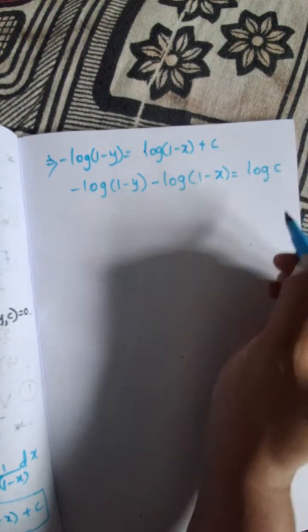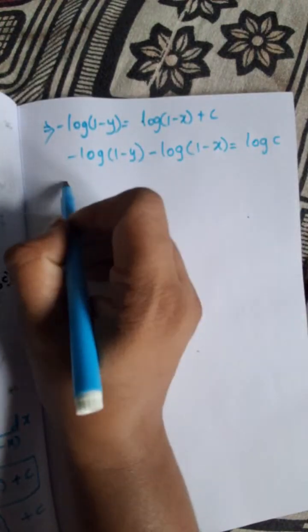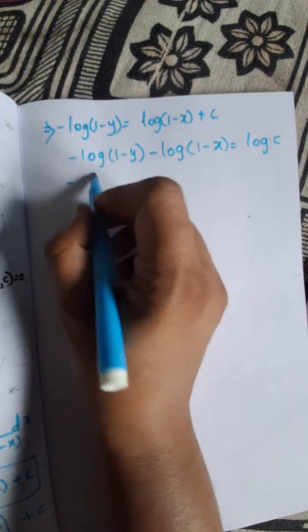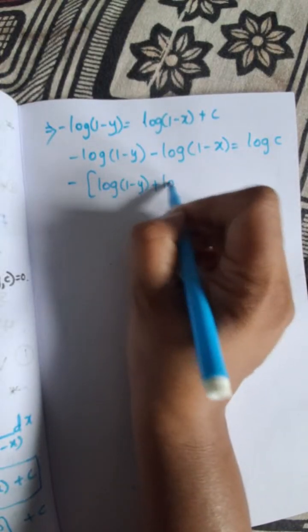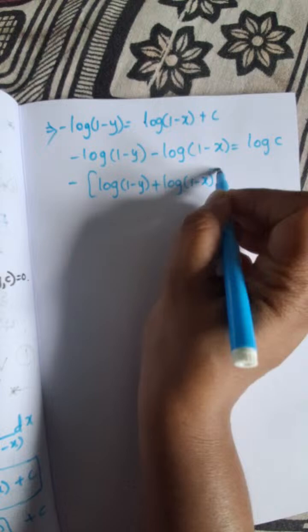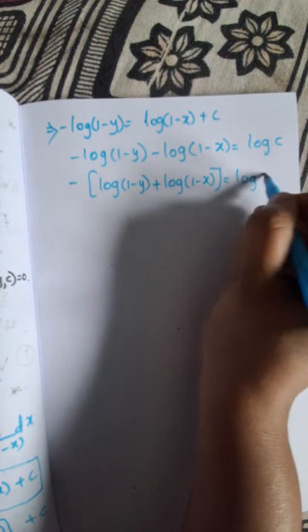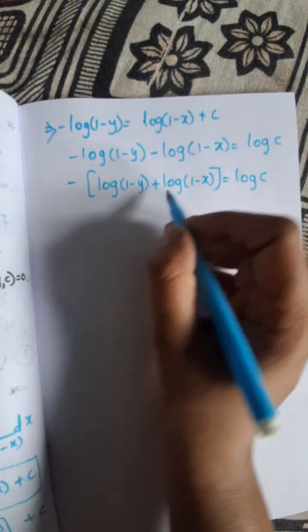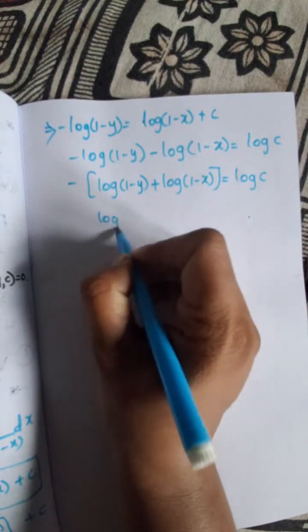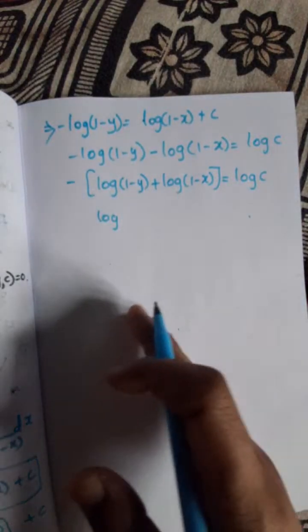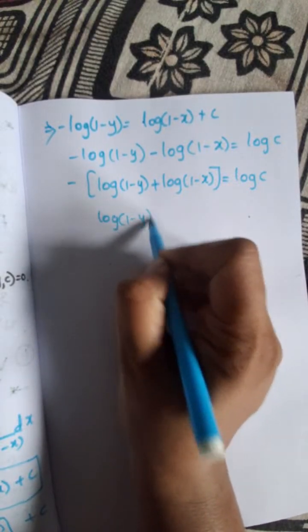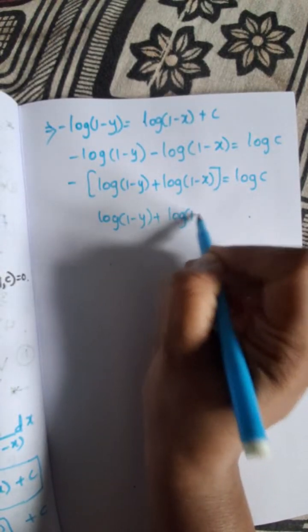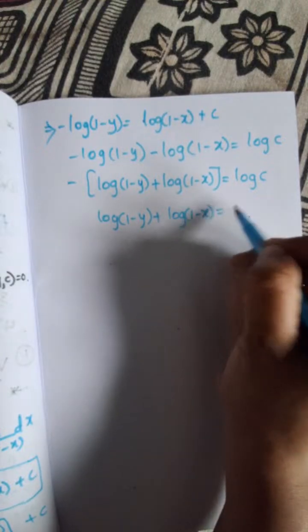Now here, take out minus common: log of 1 minus y plus log of 1 minus x is equal to log c. So this minus goes to this side: log of 1 minus y plus log of 1 minus x becomes log c, and in the next step I am writing clearly each and every step.